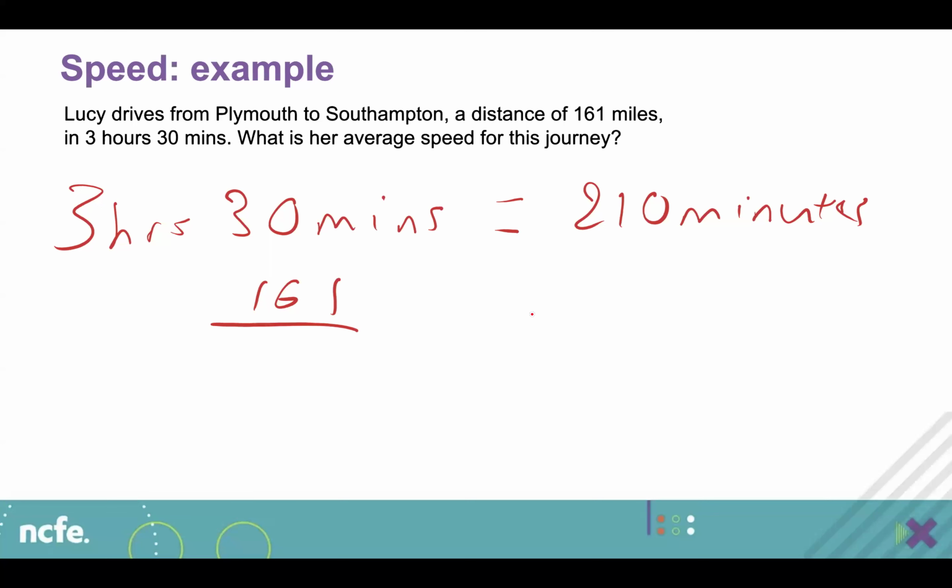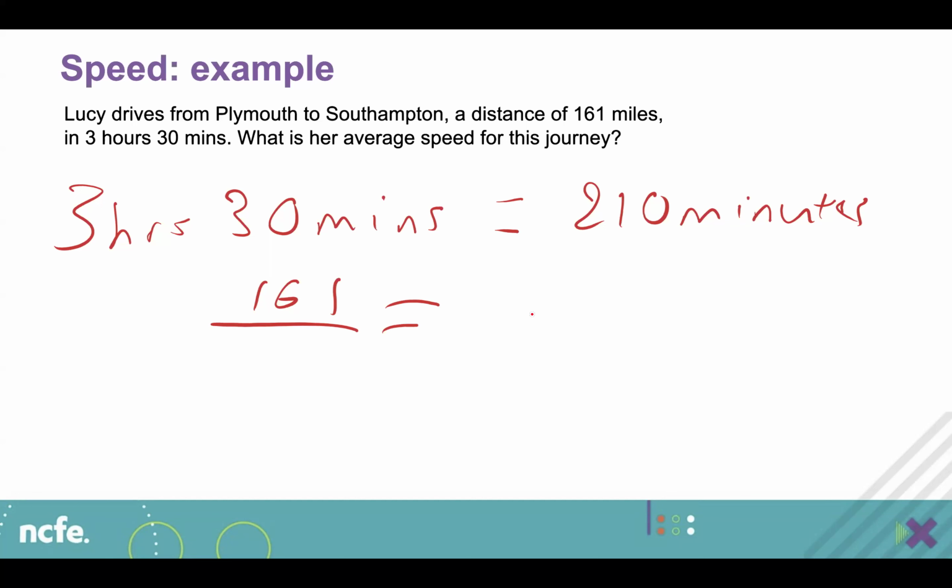So 161 divided by 210 minutes. What is her average speed? That's per minute, so we need to do per hour.